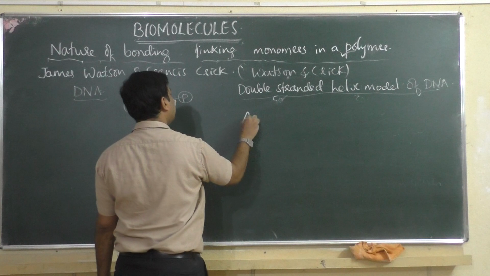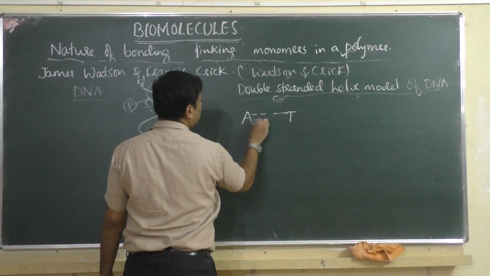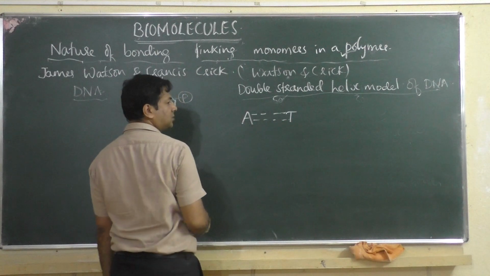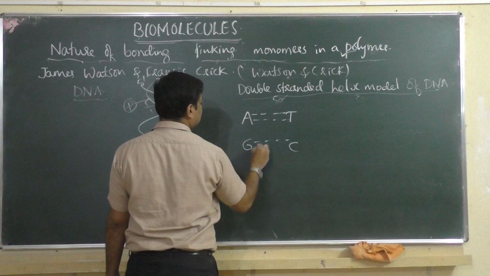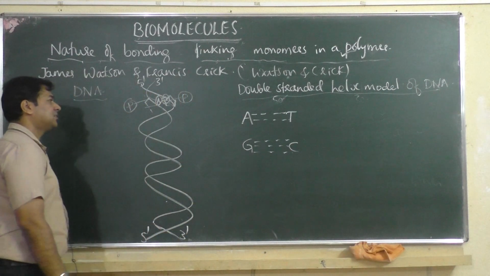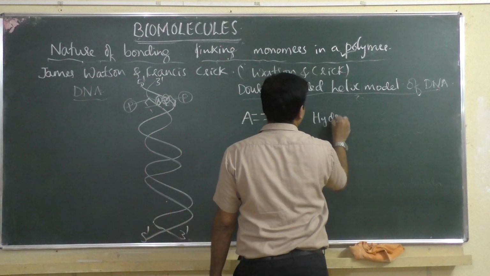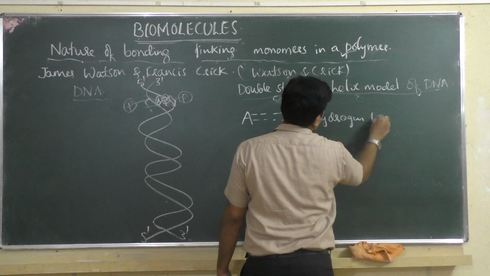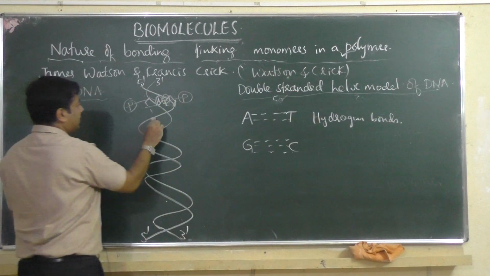So A binds to T with 2 hydrogen bonds, a double bond. G binds to C with a triple bond. Okay, always. That is, hydrogen bonding will be there. Okay, that is what they are saying.